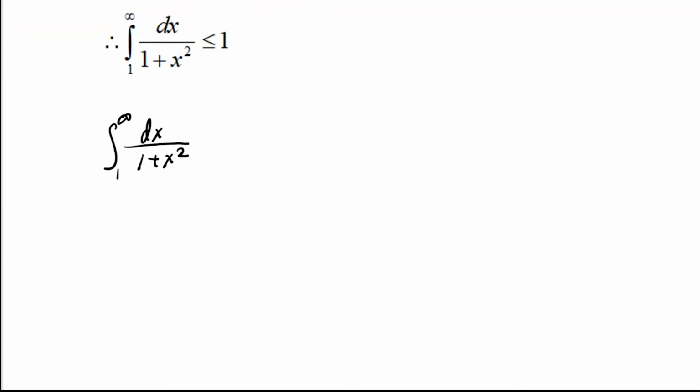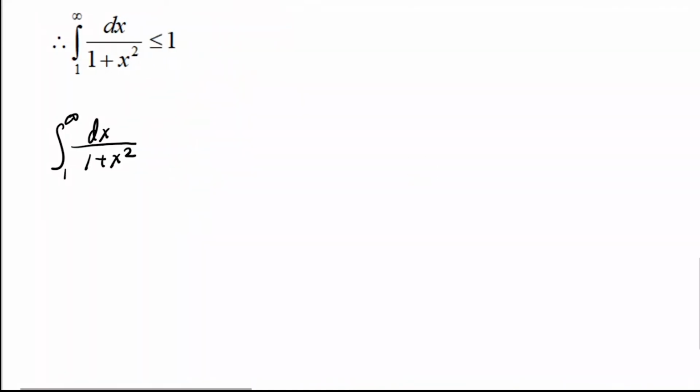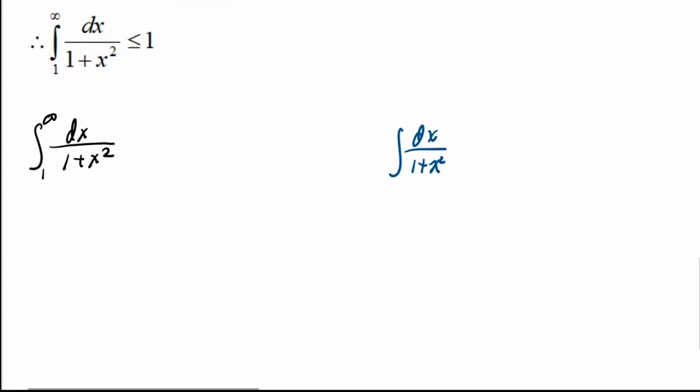I have students here. Okay, so for something like that, let's figure out the antiderivative first. I'm going to do it here on the side. So dx over 1 plus x squared. This is very similar to the homework problem, isn't it? x is tangent theta, a trig sub.